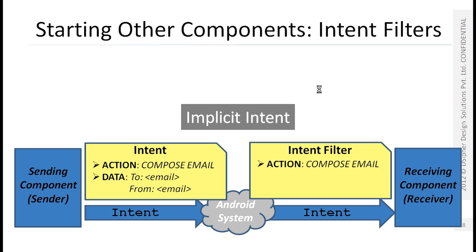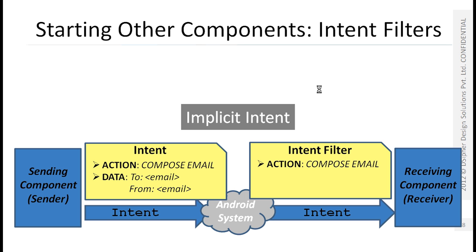There may be a question in your mind: how does the Android system identify the compatible applications? When you develop an application in Android, in the manifest.xml file you must specify the intent filter, and in the intent filter you must specify the action attribute.